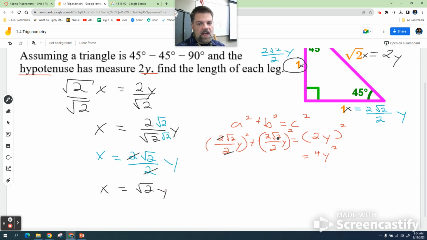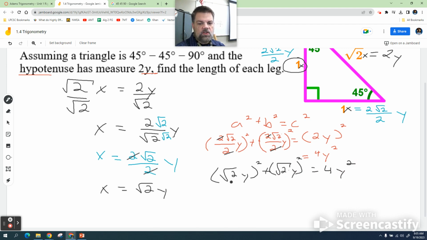So let's just do that. So I'm going to say the square root of 2 times y squared plus the square root of 2 times y squared. All of that equals 4y squared.